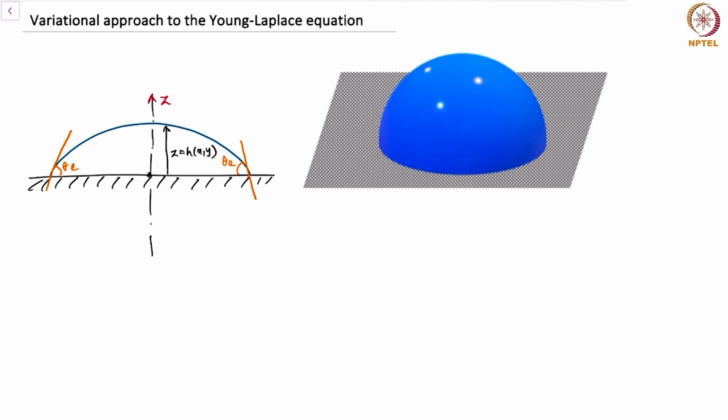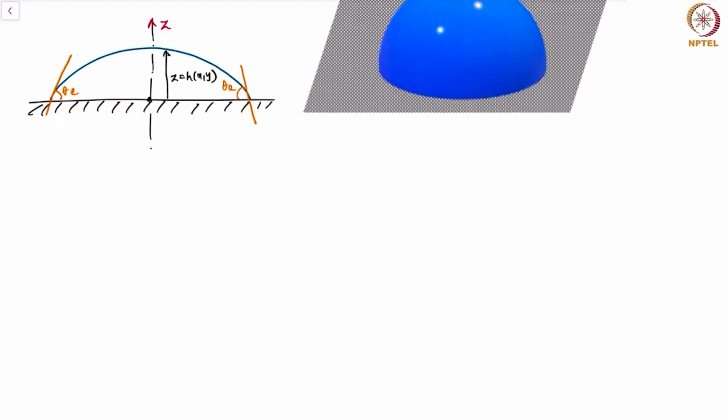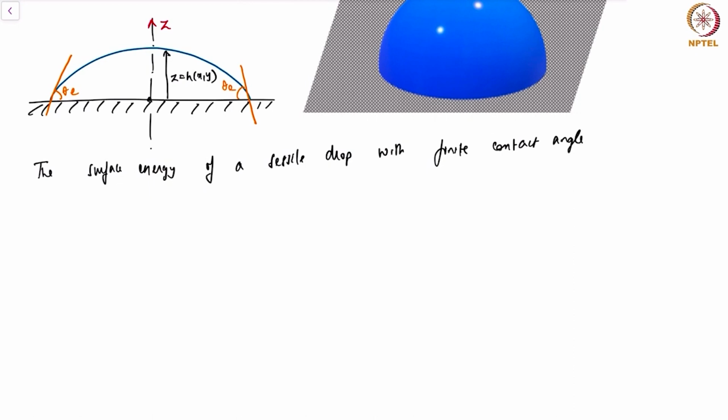Now, let's first write down the surface energy of the sessile drop for the finite contact angle. The surface energy of a sessile drop with finite contact angle, we've already seen this in the previous lecture. We'll call it E surface.